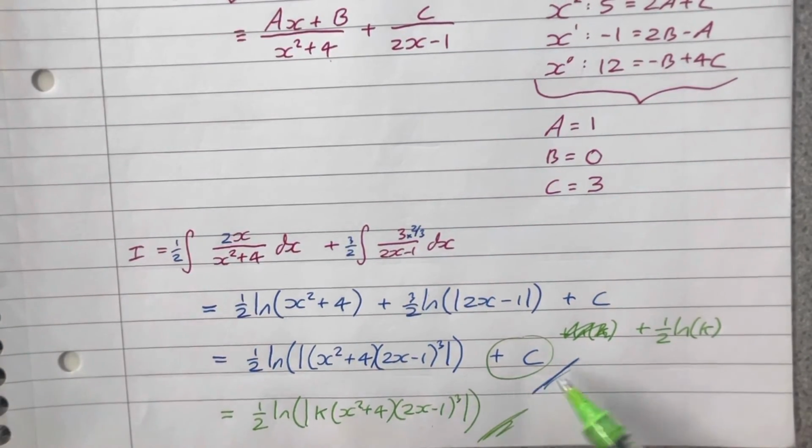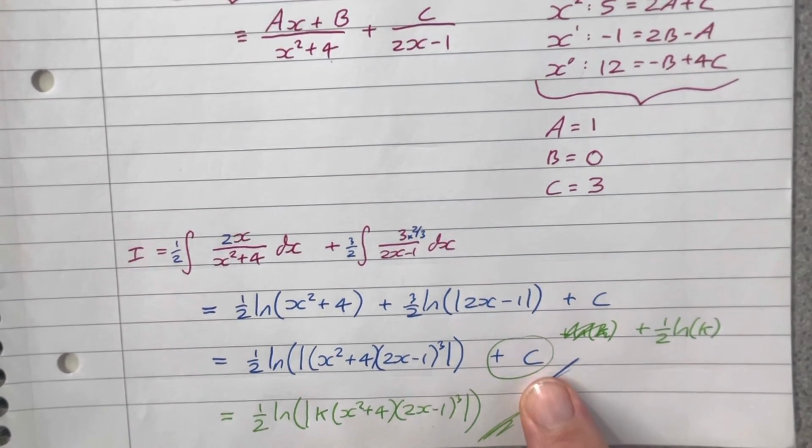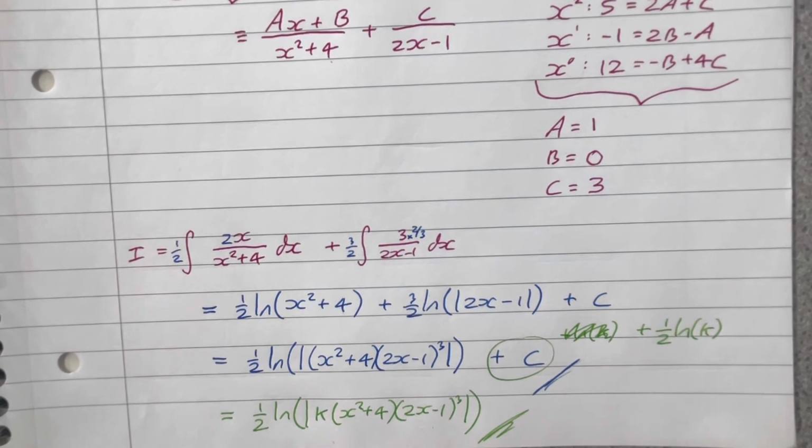Okay, so the plus c has now been pulled inside the logarithm as a multiplicative constant as opposed to an additive constant. This has its advantages. Everything is inside the log, so it makes it a bit easier to deal with.